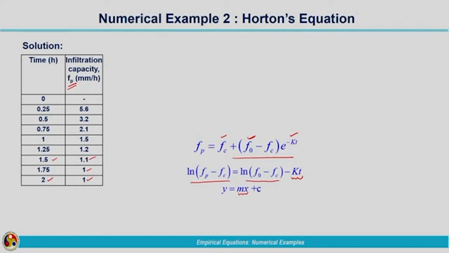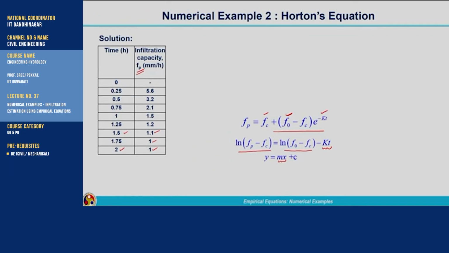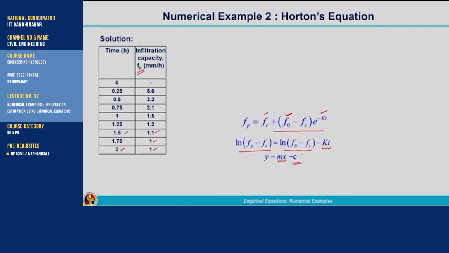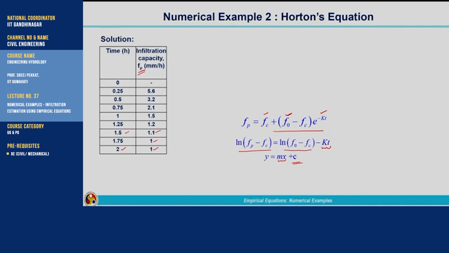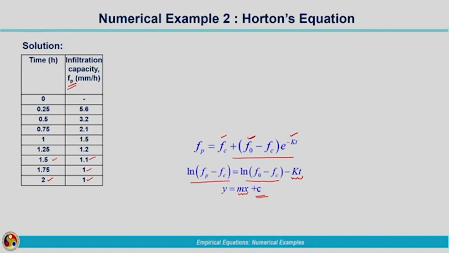If we are fitting a straight line with the data, then we can get the slope from the straight line, and that slope will be representing our parameter k, and our intercept c will be giving you ln(f naught minus fc). Once ln(f naught minus fc) is obtained from the graph, you can calculate the value corresponding to f naught.